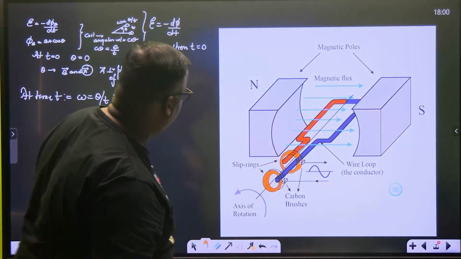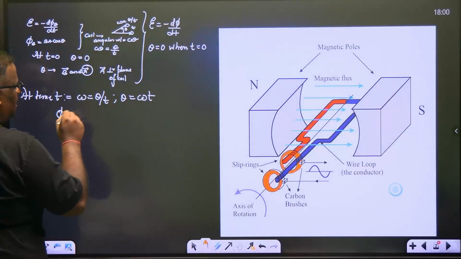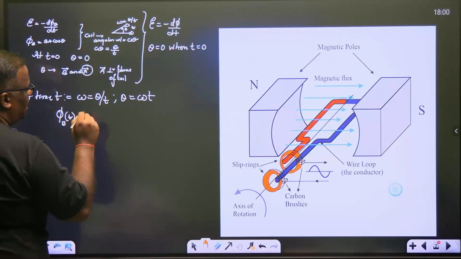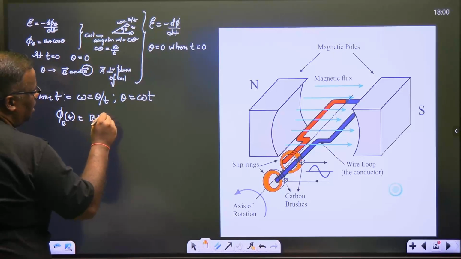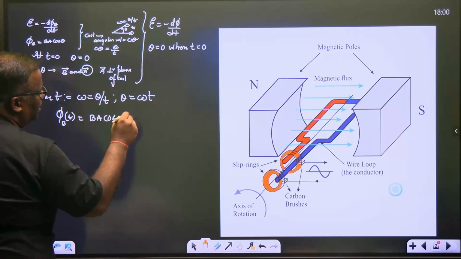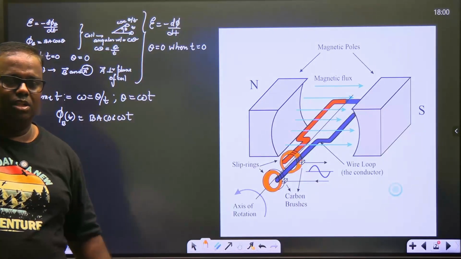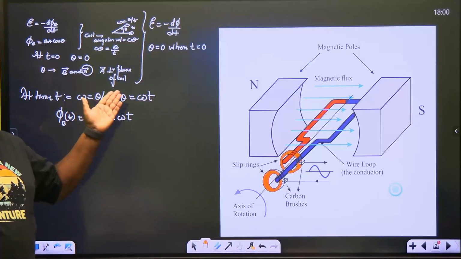Right, fine. So can I now write that my flux at a time t has now become what? Equal to BA cos omega t. This is called instantaneous flux. Now the flux is a function of time. See how nicely earlier the flux was a function of theta.